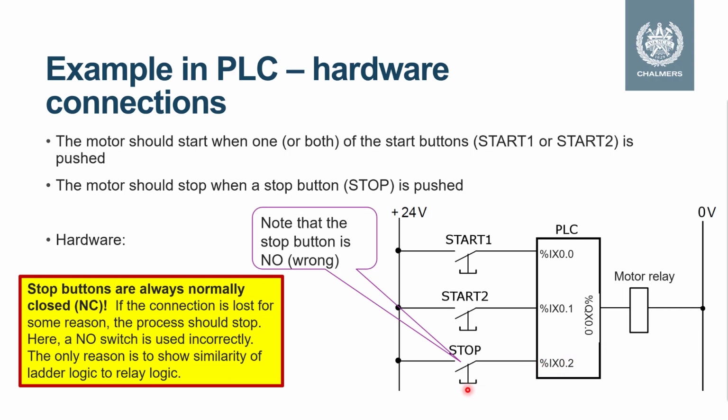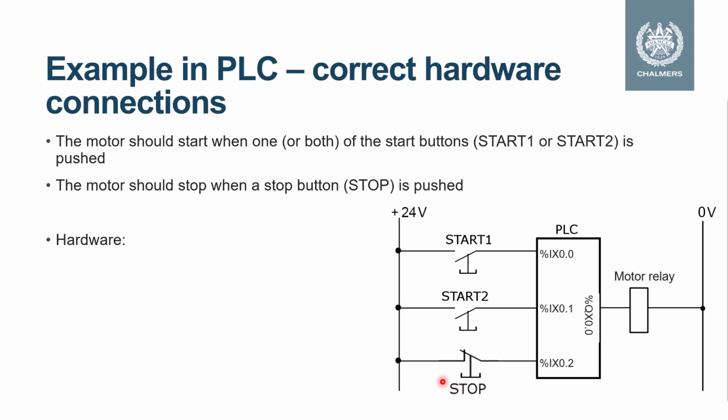In this example, I've chosen to have the stop button normally open, because that will show the similarity between the ladder logic and the relay logic. But the correct way to do this is to have the stop button as normally closed, which means that until we press the stop button, this signal will be high.